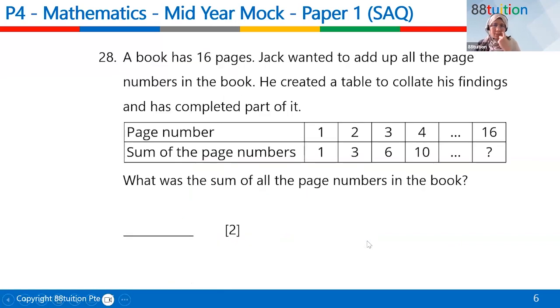Okay, this one, I noticed that those who attempted this question, most of you got this wrong. So can I check with Lilin, what did you do to get your answer for this? Do you remember what you did to help solve this question?